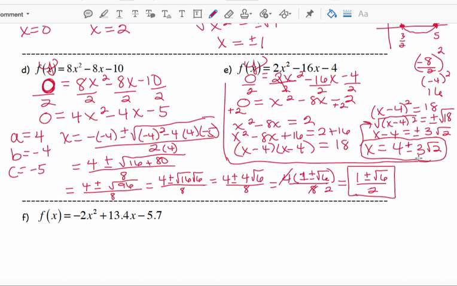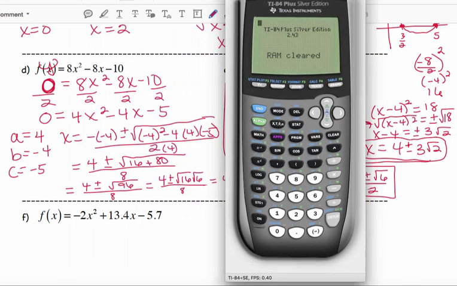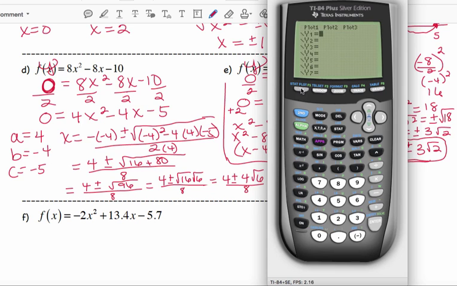Now F is the last problem here, and you are going to need your graphing calculator to do that. So I'm going to open up my graphing calculator and I'm going to go ahead and type in my equation. Negative 2x squared plus 13.4x minus 5.7.